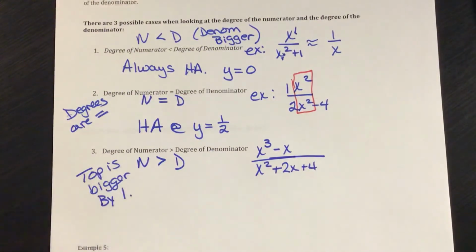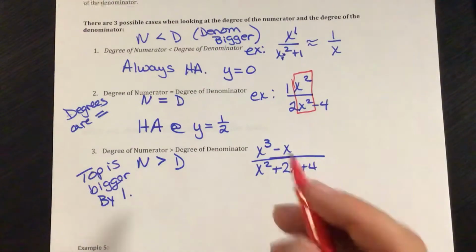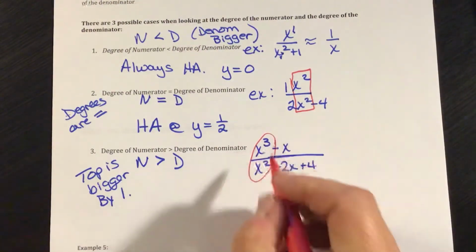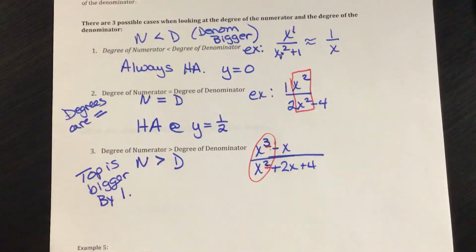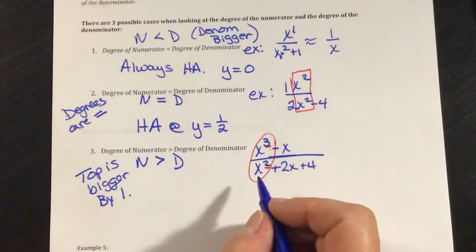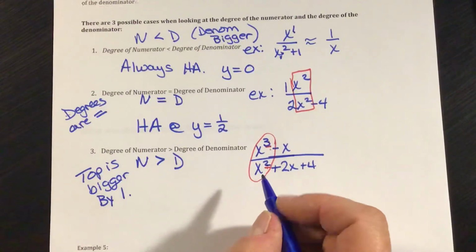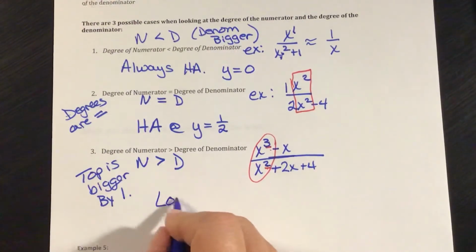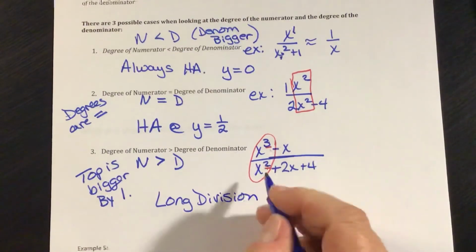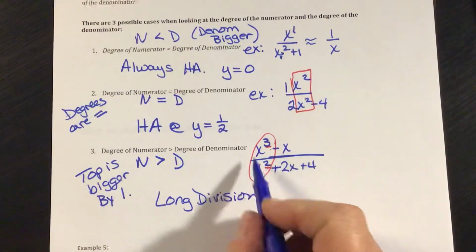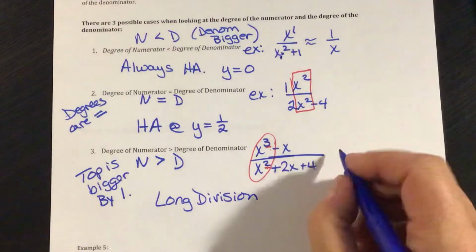If the numerator is bigger than the denominator by 1 for my exponent, then what I'm going to have to do is some long division, where we take the denominator and divide it into the numerator.